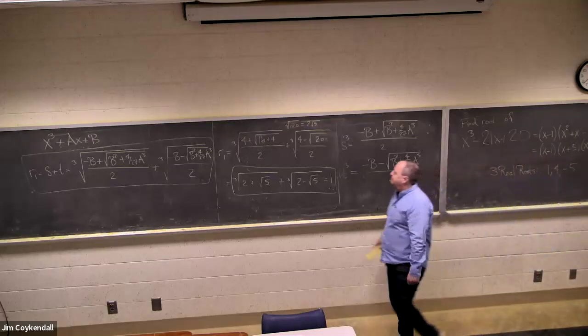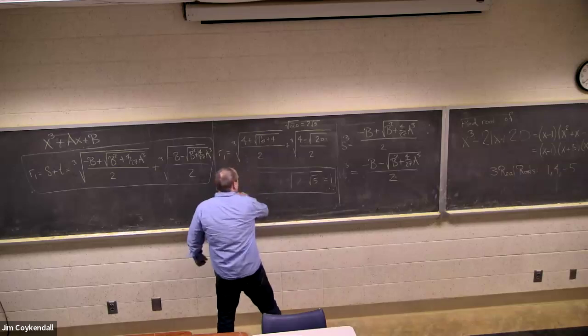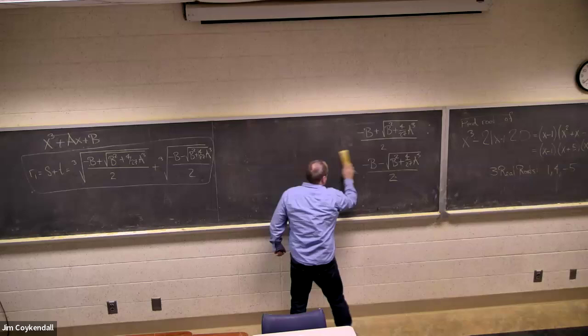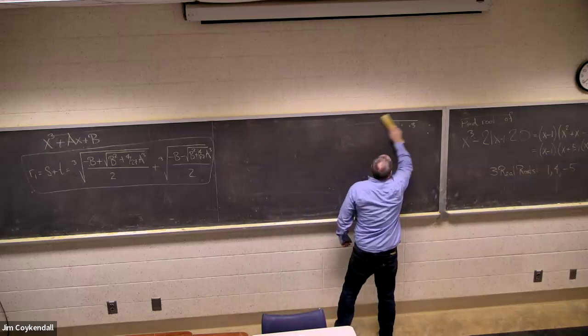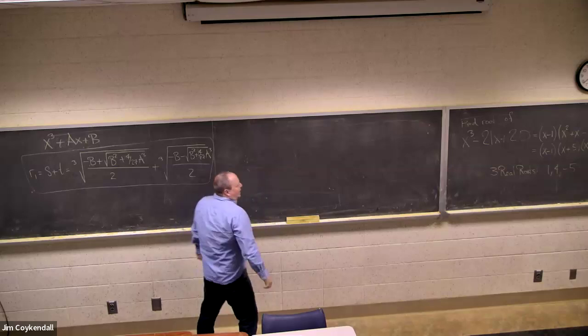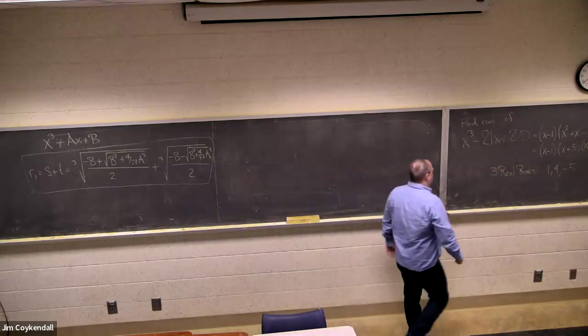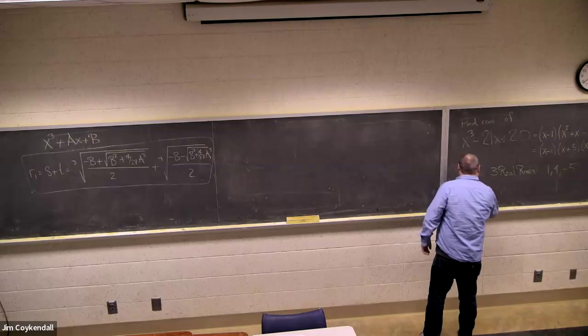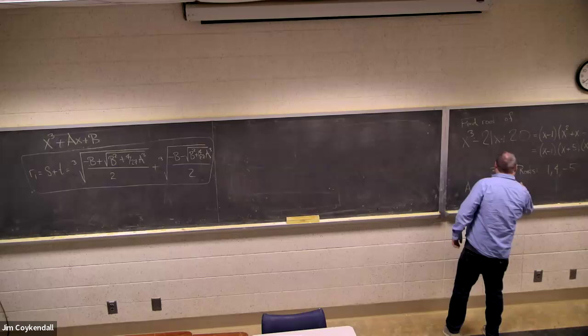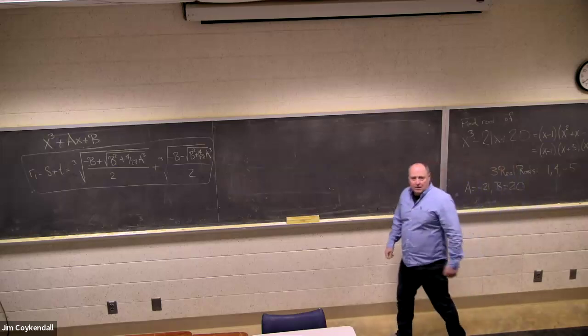Let's try the formula. Now something a little different happens for this one, and I think you'll see it pretty quickly. For this animal here, my A is -21 and my B is 20.